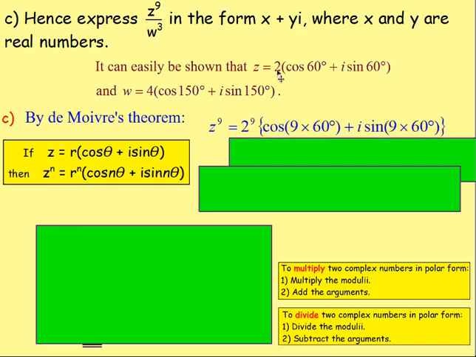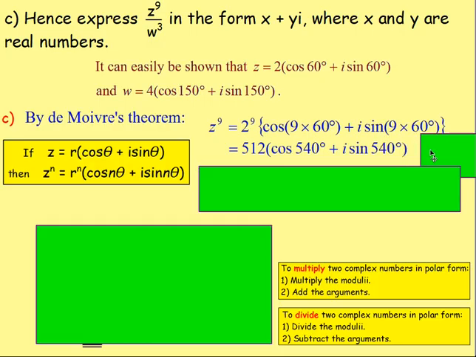So for z, modulus is 2, so it's 2 to the power of 9. It's cos of 60 and sine 60, so we're taking the arguments, the 60, and multiplying them by the 9. Work that out, 2 to the power of 9 gives you 512, and if you do 9 times 60, that means you will get cos 540 plus i sine 540.